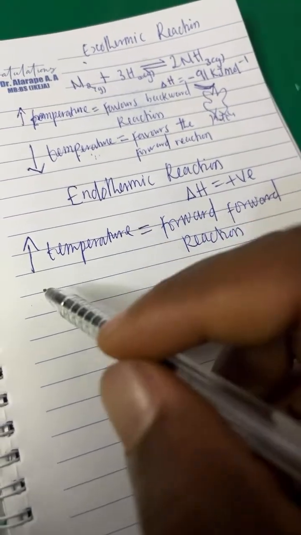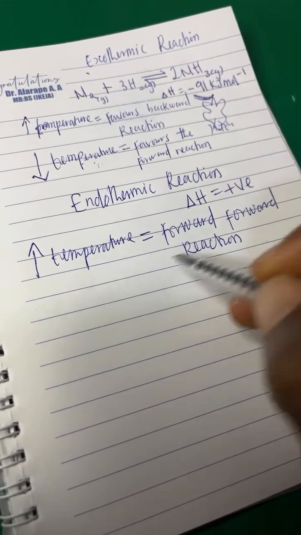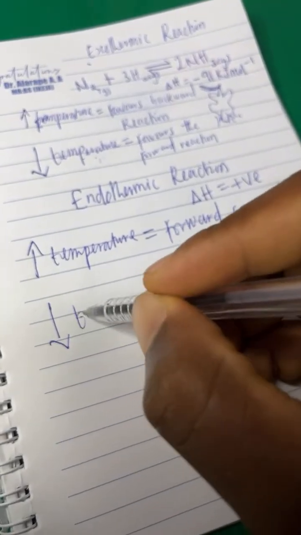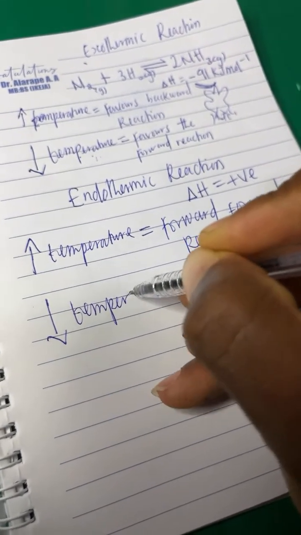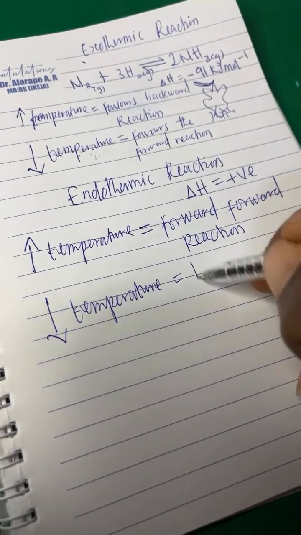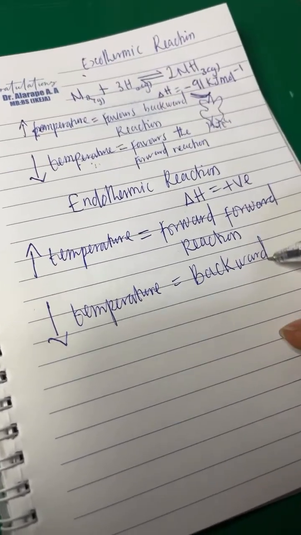So an increase in temperature will favor the forward reaction for an endothermic reaction, and a decrease in temperature will favor the backward reaction for an endothermic reaction.